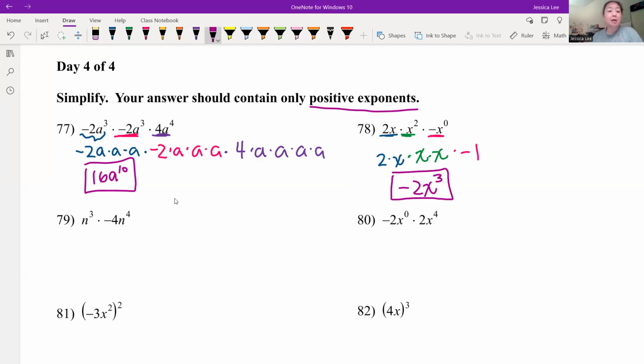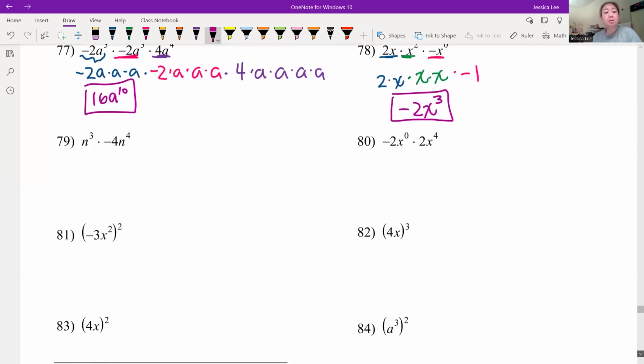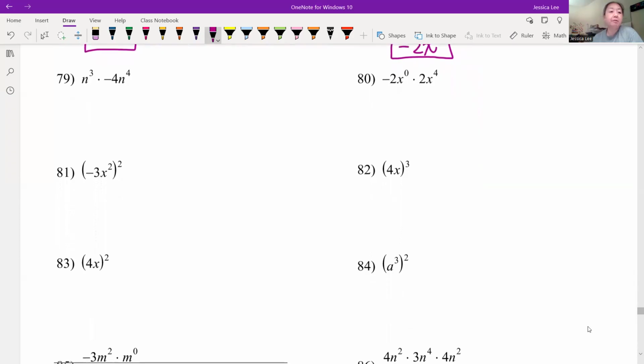All right, 79. Just need a little bit. So 79, we have, again, 3 n's. So this is going to be right here, n times n times n. Did you figure out the shortcut, or are you getting tired of this?